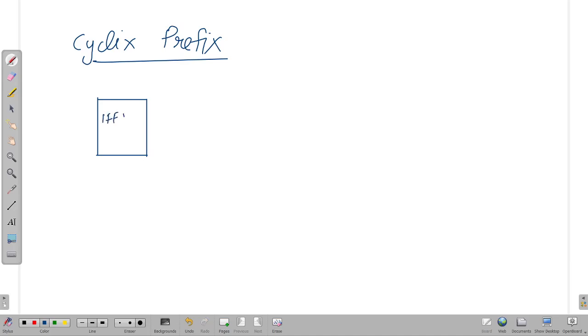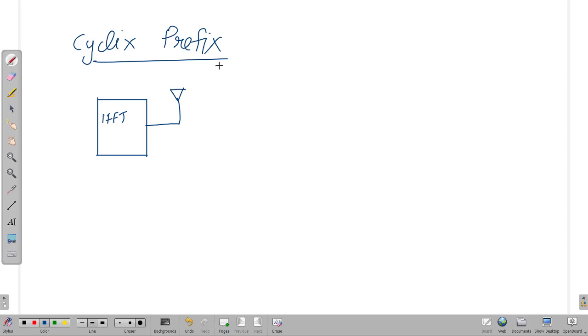After the IFFT block you are transmitting the signal to the transmit antenna, and I have not considered the cyclic prefix block here. So without the cyclic prefix block, we'll see what issue is going to happen, and then we will try to develop the idea of why we should add a cyclic prefix, and what should be the length of the cyclic prefix and things like that.